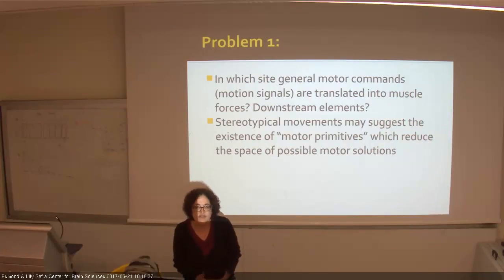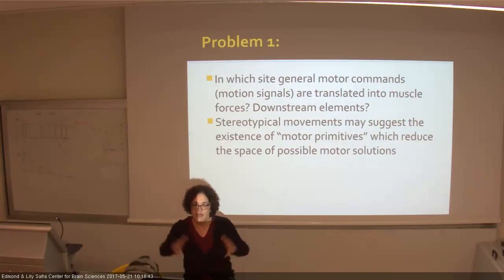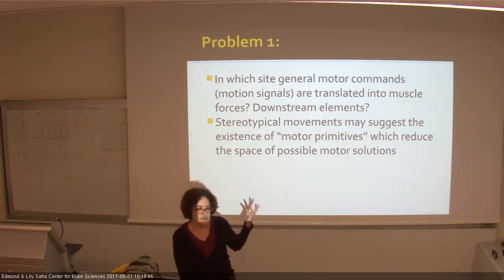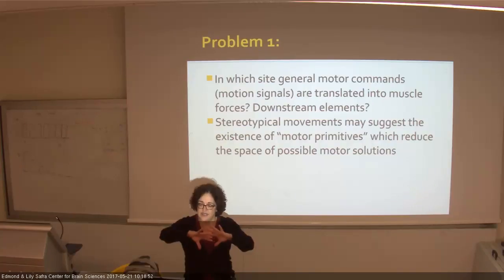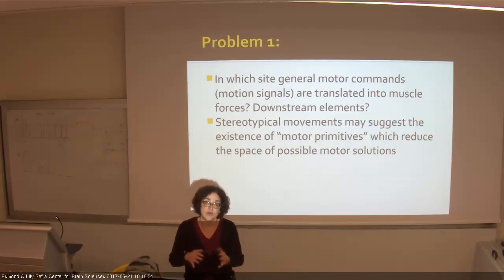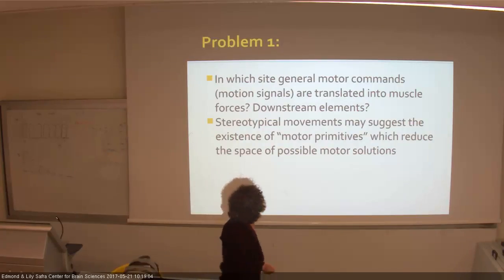I mean, at the end, the muscle needs to get some sort of input that will tell it, look, this is the movement that we need to do. So the idea that the motor cortical command is defined in an external coordinate frame leaves us with the problem of where it actually gets translated into a muscle-based coordinate frame.